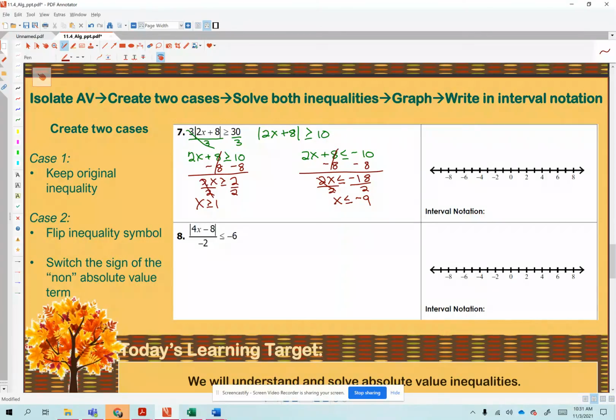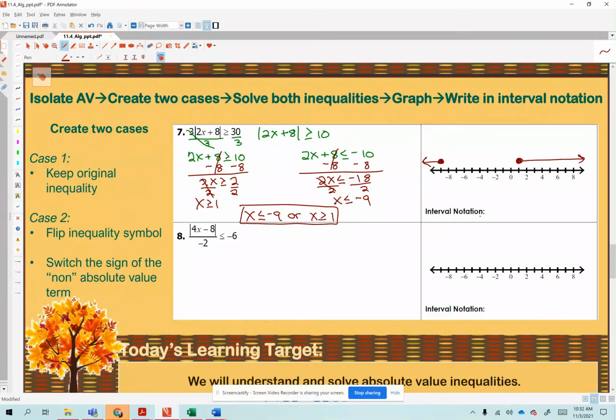So I've got x is less than or equal to negative 9, or x is greater than or equal to 1. So let's graph that on the number line. So x is greater than or equal to 1. It's a solid circle. And x is less than or equal to negative 9. Again, a solid circle.